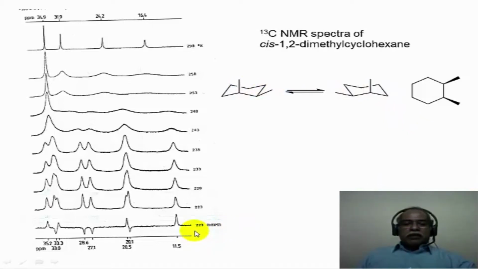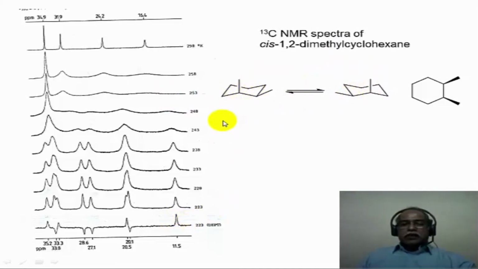At low temperature of, let us say, for example, 223 Kelvin or so, the interconversion is slowed down considerably such that NMR is able to see the axial and equatorial methyls separately, and the conformation is a chiral conformation, so 8 different signals are seen in the NMR spectrum. So the molecule is a beautiful example of essentially a chiral molecule existing in two enantiomeric forms.